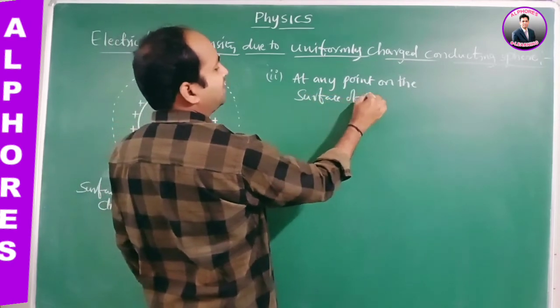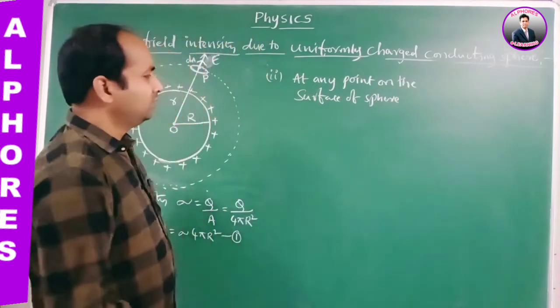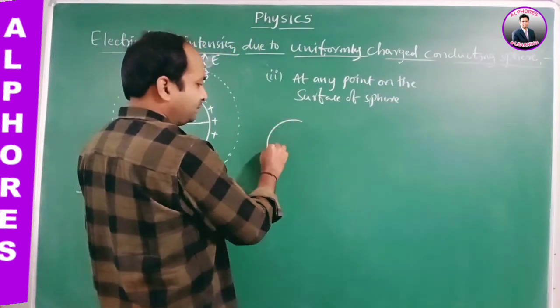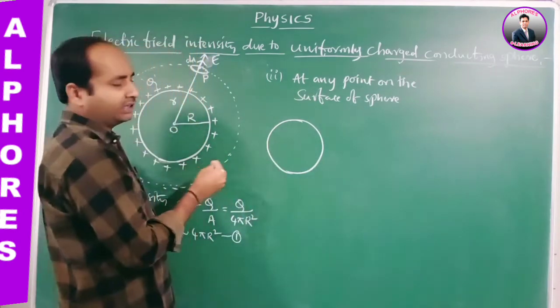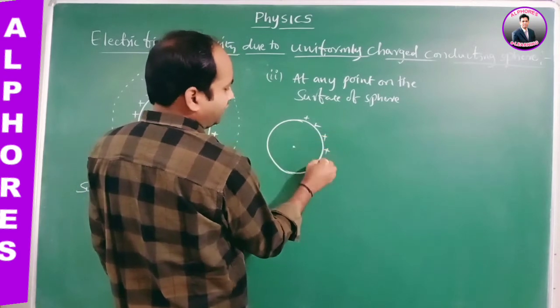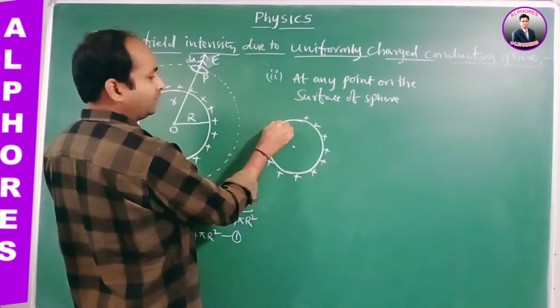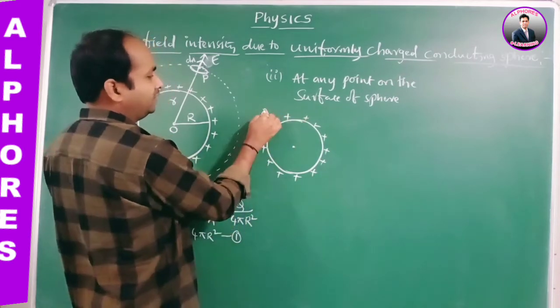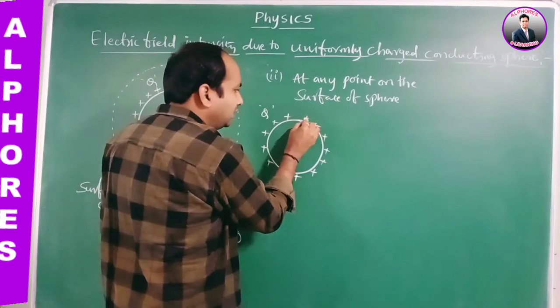If it is a conducting sphere, the charge resides on the surface. The positive charge Q is given, and the charge resides only on the surface. We should calculate at any point.